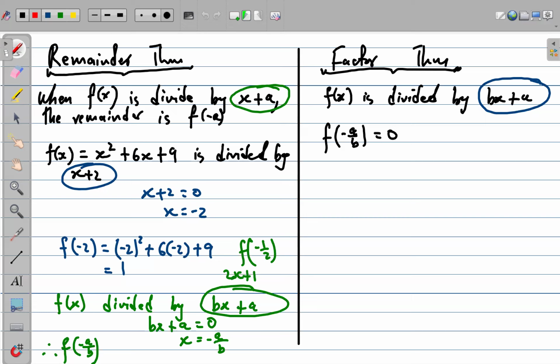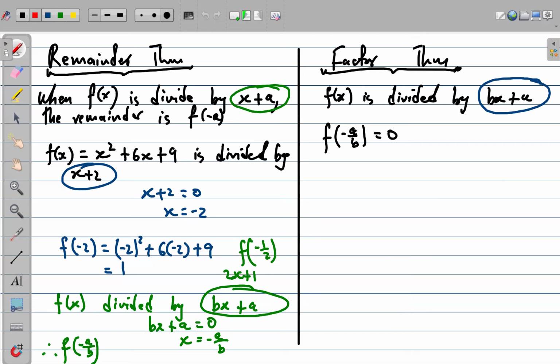So a typical example of the factor theorem could be: show that something is a factor of something. All you have to do is substitute, and if you get 0, you conclude that it is a factor. These are two things that I need you to understand. They are not really separate things, as you have seen. The factor theorem is just a special case of the remainder theorem.